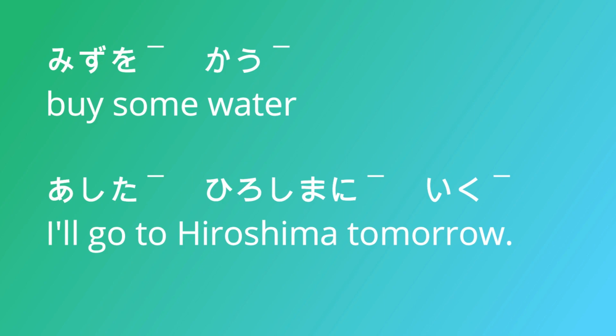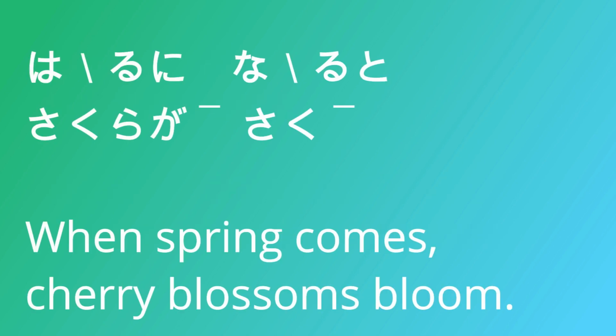水を買う。明日、広島に行く。On the contrary, 春になると桜が咲く。This mark indicates downsteps. So you are supposed to drop the pitch towards the letter after this mark.